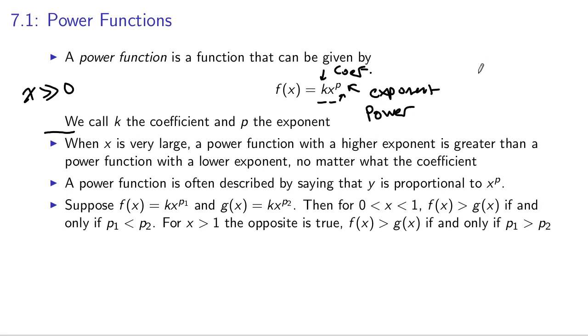For instance, if f of x is 1,000x and g of x is x squared, then when x is really big, g of x will be greater than f of x.